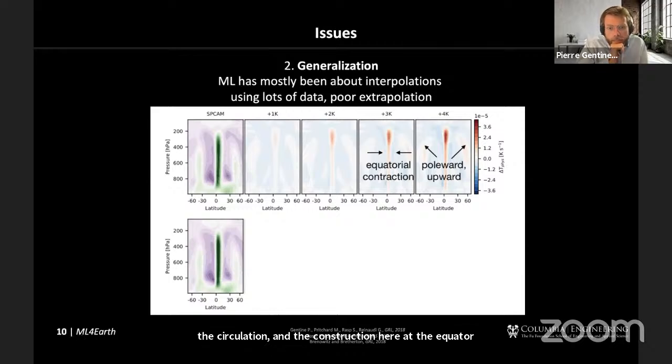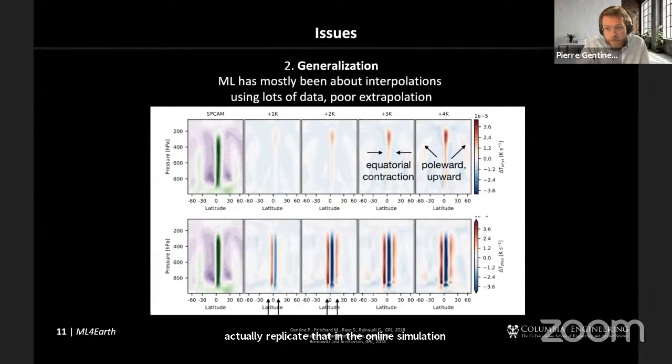And we said, okay, can the coarse resolution neural network actually replicate that in the online simulation? And what we found is it just failed miserably. In fact, it failed the very same way that many parameterizations do, having a double ITCZ, the typical issue that many physical parameterizations have.